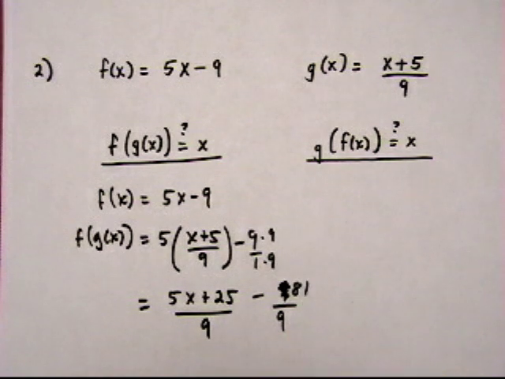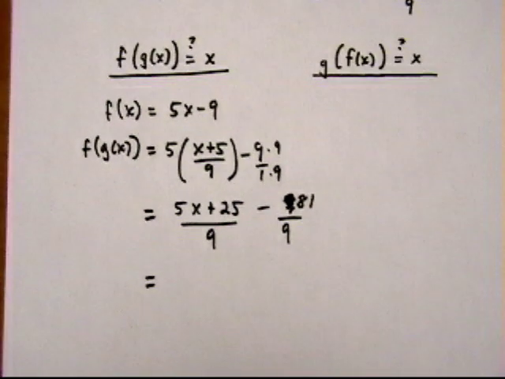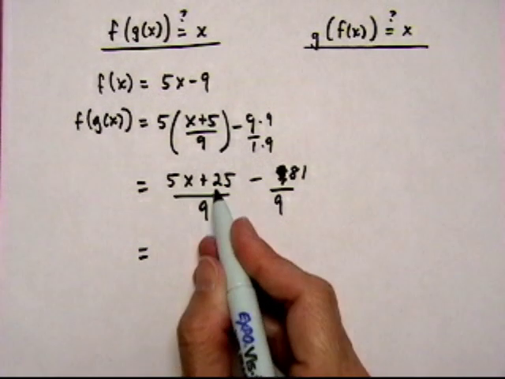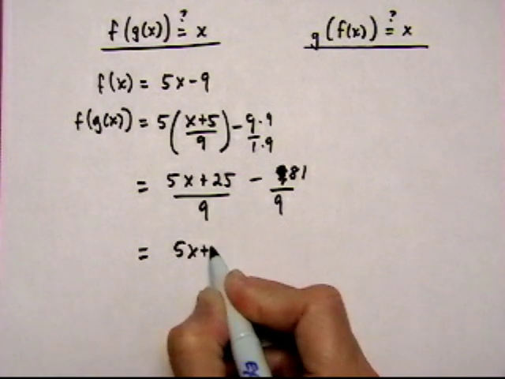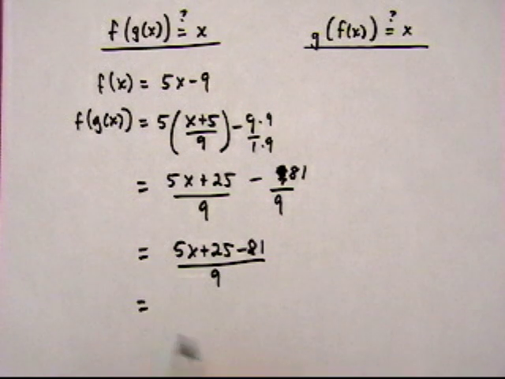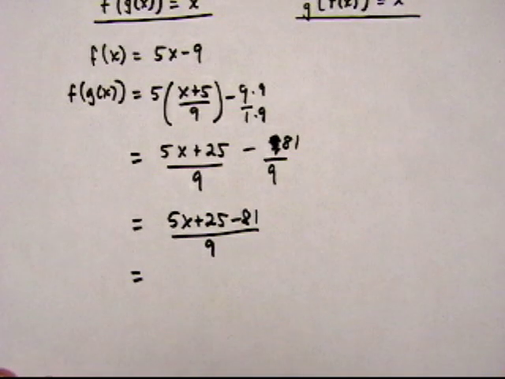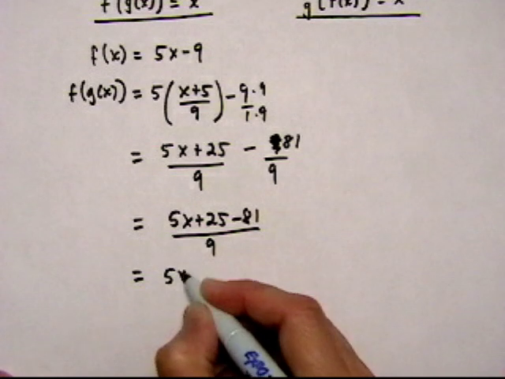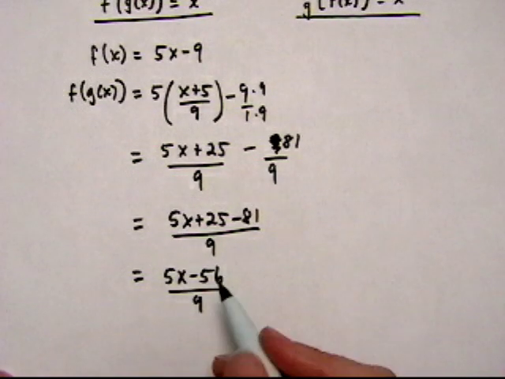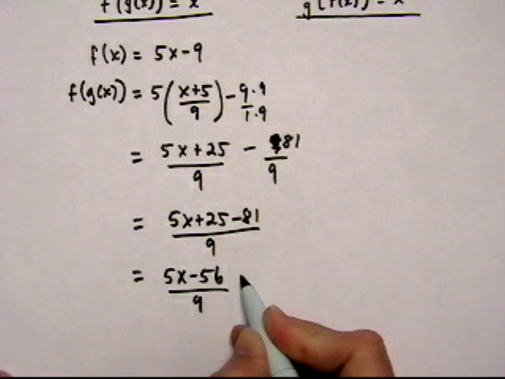Actually, that's 81, so minus 81 over 9. So now we've got 5x plus 25 minus 81 all over 9, and that's going to give us (5x minus 56) over 9.